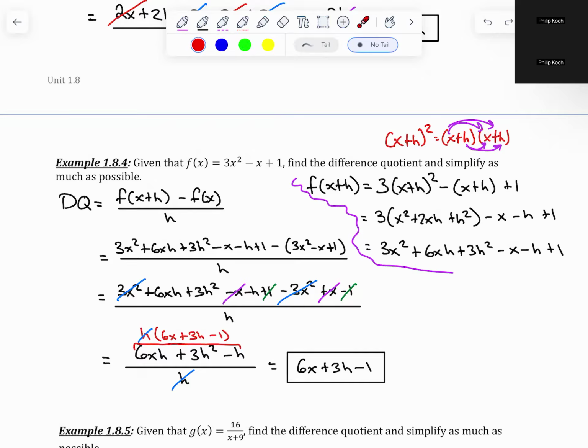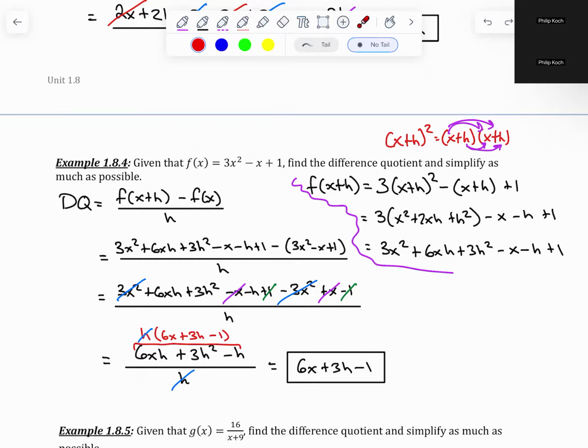Any questions on that? Yes. Yeah, two questions. I don't know how to ask it, but in the f of x plus h equals the rest, why are we substituting in the f of x equals 3x squared for x plus h, and not just the x part? We're doing it the other way around, whereas with f of x, we're putting the term we're given into it.